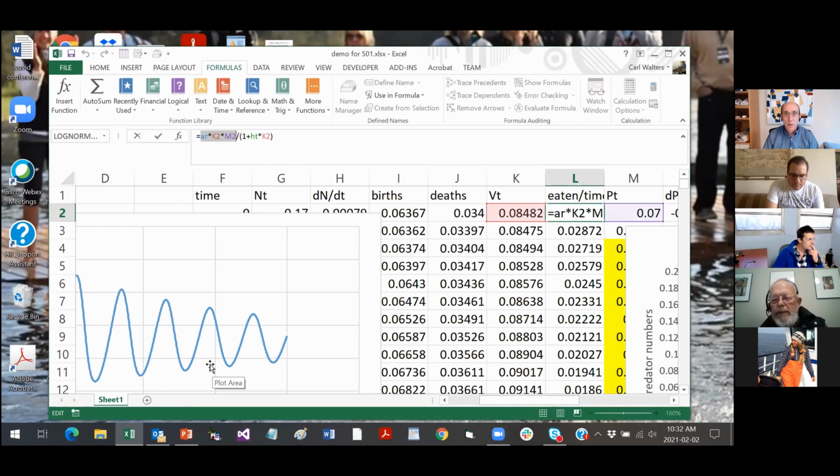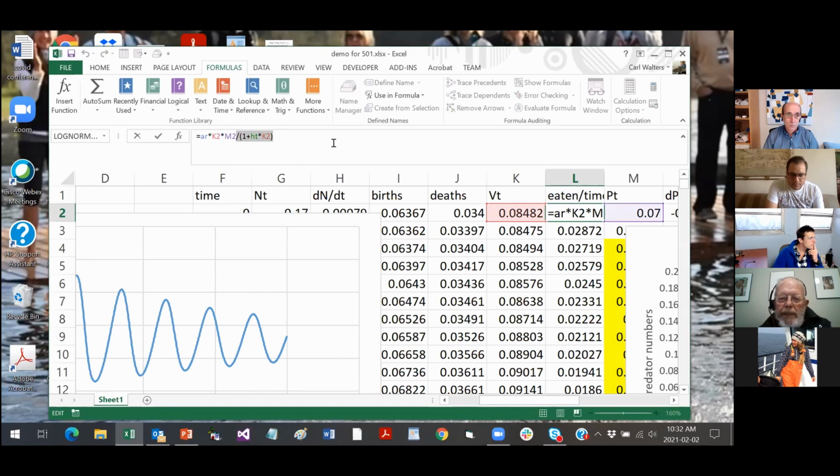The second type was the one we just put in, where we put in this denominator thing to represent predators spending less time foraging when there are more prey around, because they're spending time handling prey they've already eaten. Okay, that's called type 2.